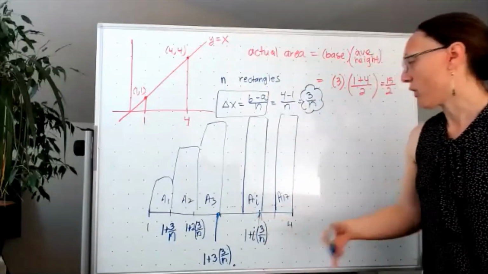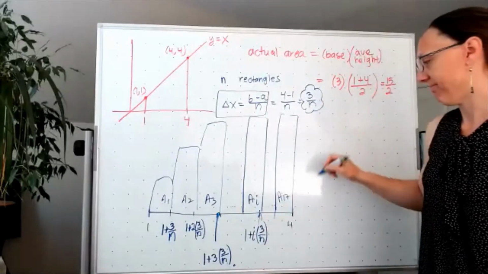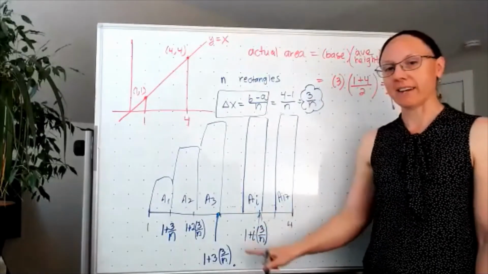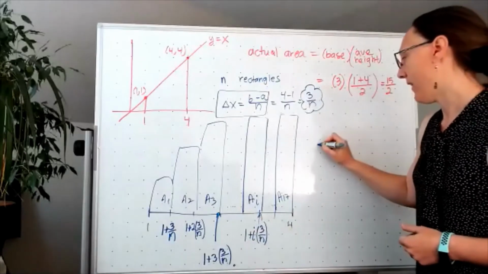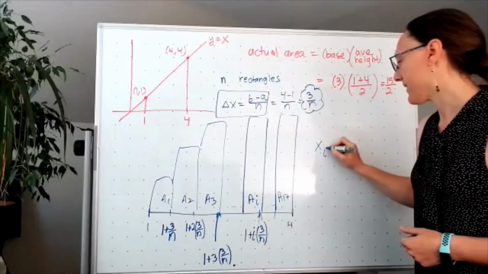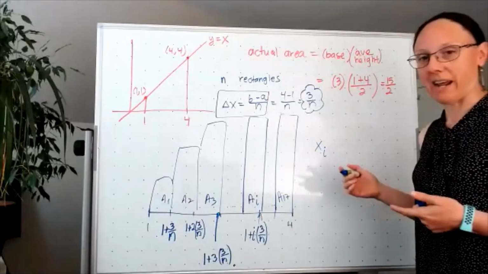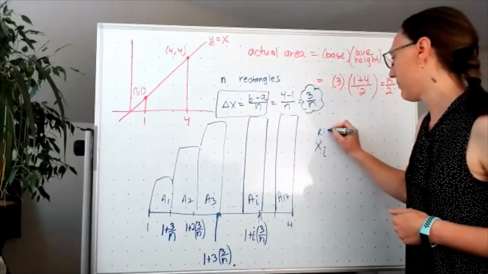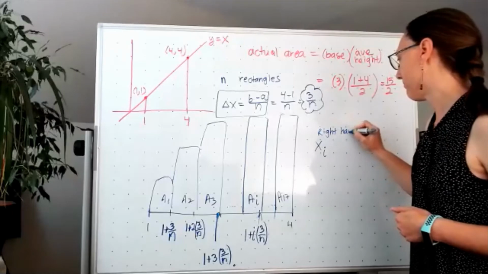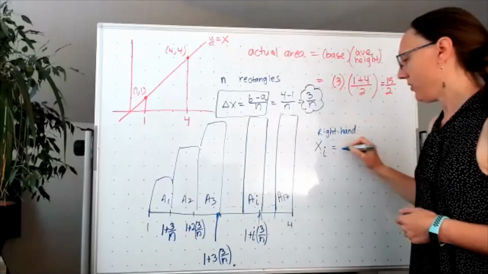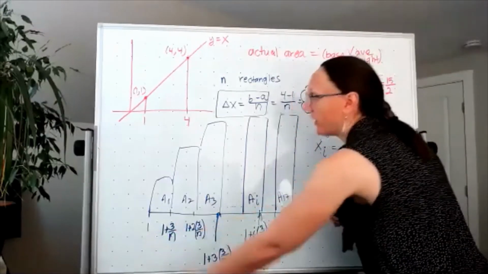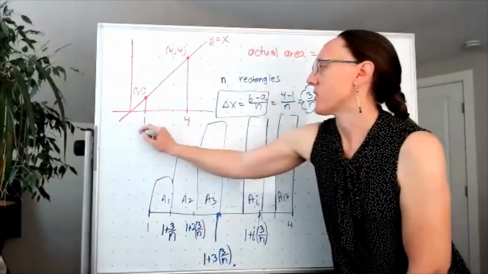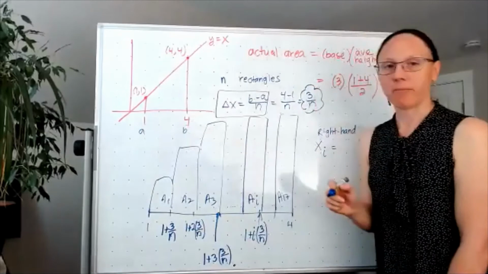Now the next one is sitting right here. This is for a right-hand endpoint. On that right-hand endpoint, if I were to give this as a formula, then my x sub i for a right-hand endpoint looks like, well, the 1 is where we started, and we usually call that start and stop a and b.